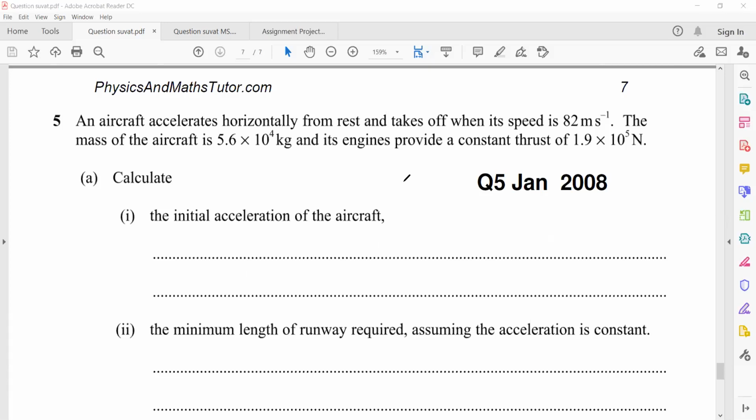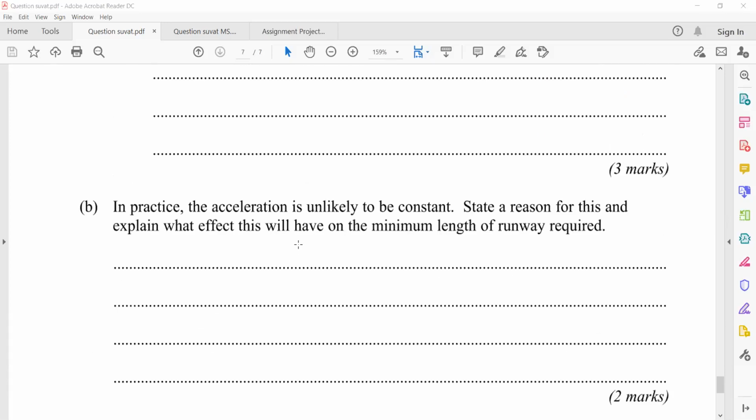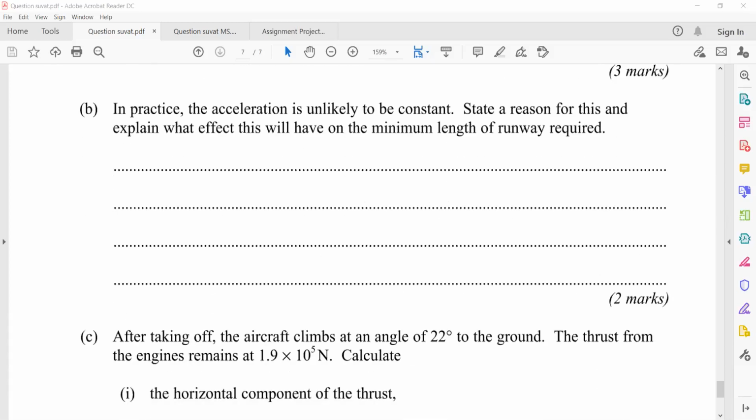This was the question on the last page, page 7, 5B. Is it clear, this question? Because what happened, you have this formula, resultant force is equal to ma.